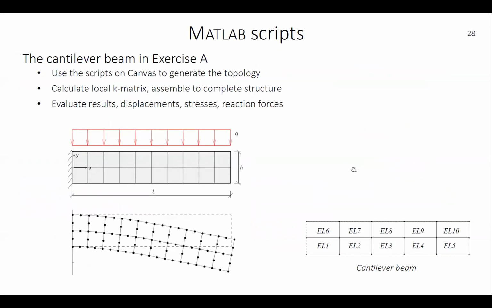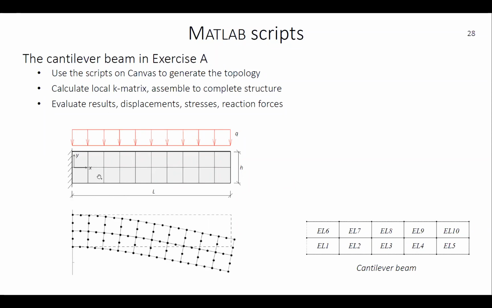So this is the cantilever beam from your exercise. This illustrates the formation using, in this case, Q8 elements, 10 by 2 elements. And I will show the element topology, but it follows a convention that you start from the lower left corner.